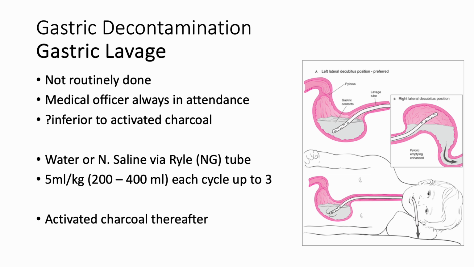What you do is you send in water or normal saline through an NG tube, a Ryle tube, and you do that in a cyclic way, up to 3 cycles. See how the child is positioned. The reasons are that gravity sets in and the shape of the stomach. That's how you do it, and you suck out the gastric contents after letting the fluid circulate within the stomach.